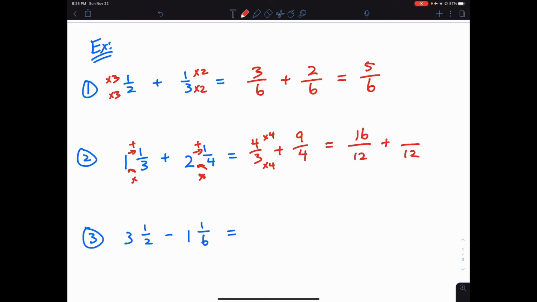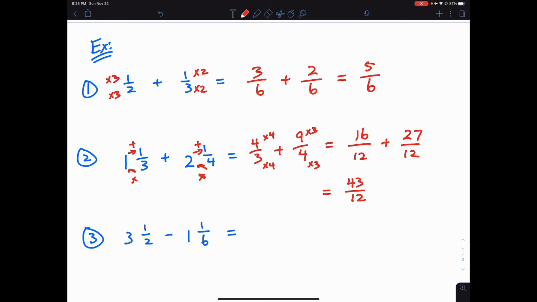From 4 to 12, we multiply by 3, multiply that top part by 3, and we get 27. So in total, 16 plus 27, this will give us a total of 43/12. We can see here that 43 and 12, there's nothing common.